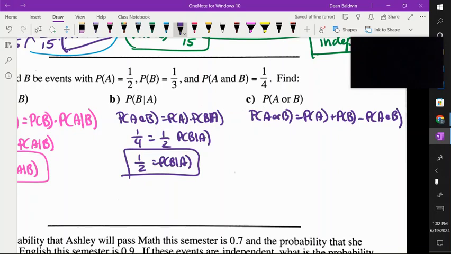But these are not mutually exclusive because there's an A and B. There is overlap. So you can use this formula: probability of A, probability of B, probability of A and B. Plug them in, solve. Seven out of 12.